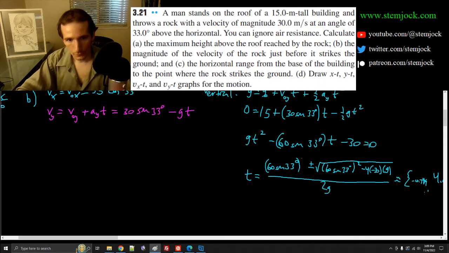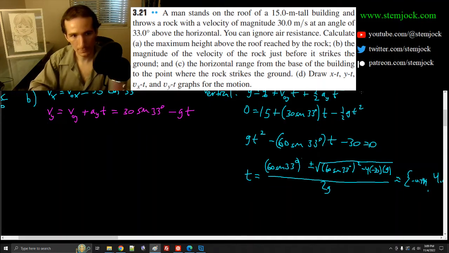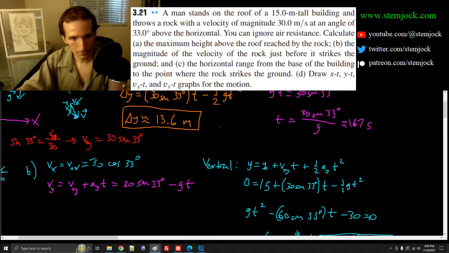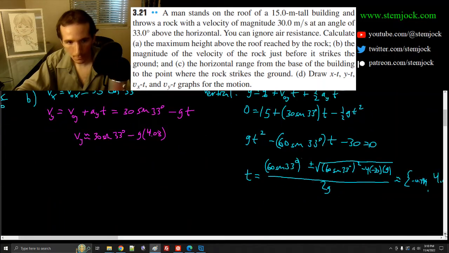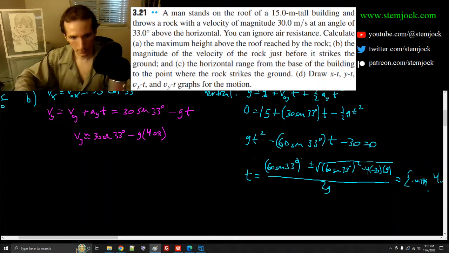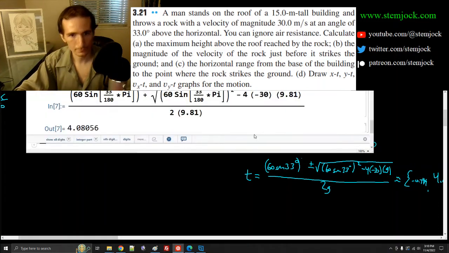And now that we know t, we can plug it into this formula here for Vy. That is the vertical component of the final velocity right before it hits the ground. So Vy is approximately 30 sine 33 degrees minus g times 4.08. Let's get out the calculator once more.